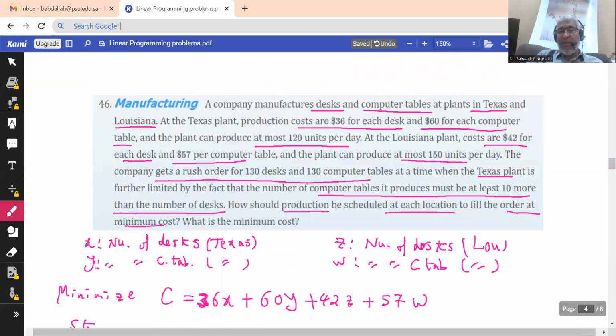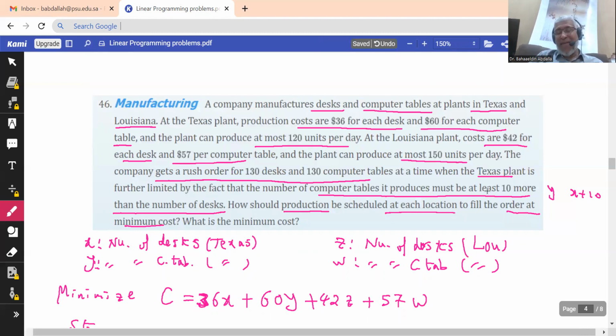Still here, a limitation for the Texas computer tables it produces. So this is Y, which must be at least 10 more than the number of desks. So X plus 10.